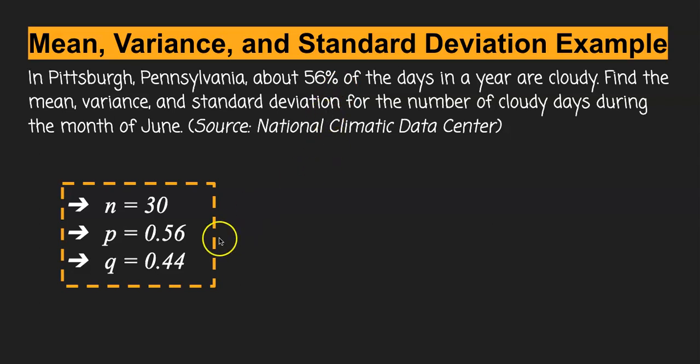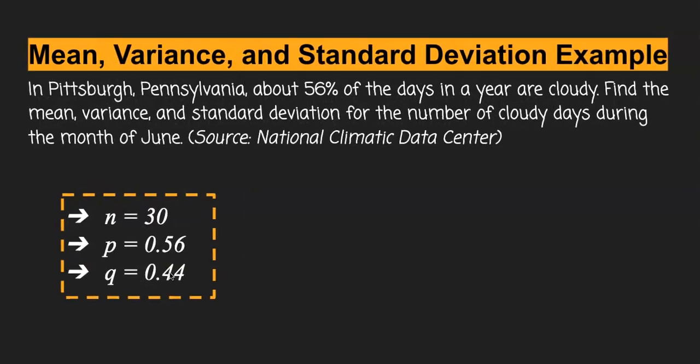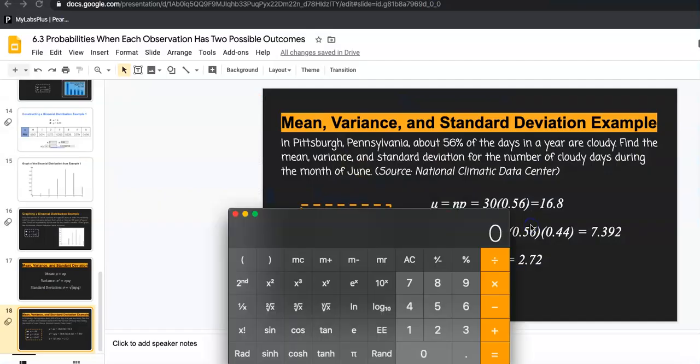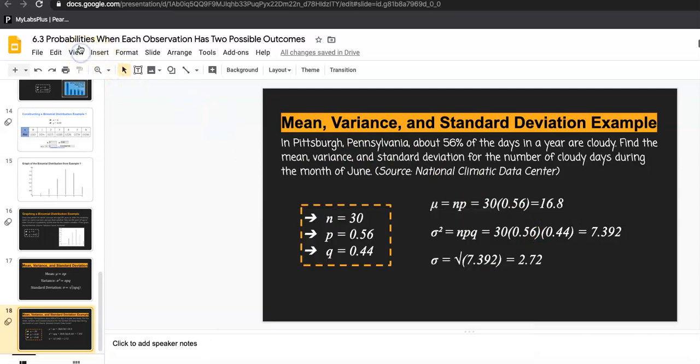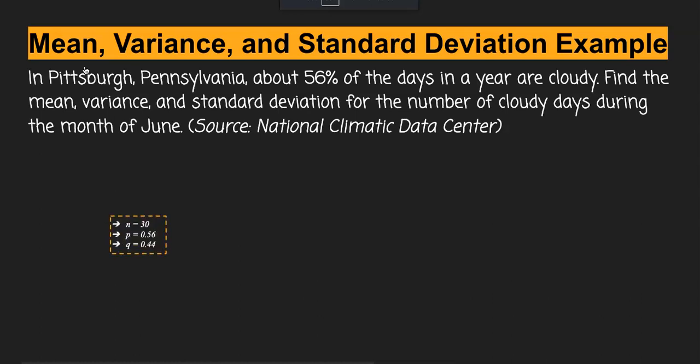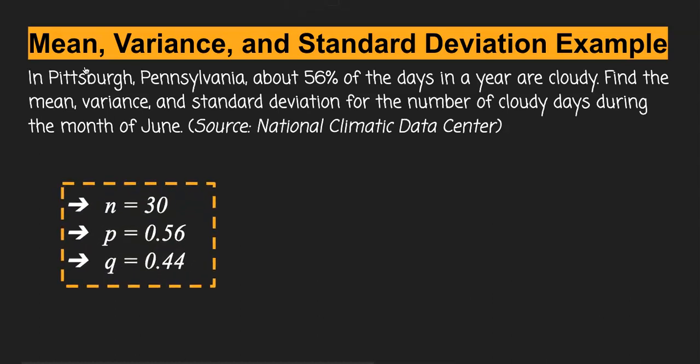And you see how you found Q: Q is simply 1 minus 0.56, and that comes out to be 0.44. That's how you find Q. So you first have to identify N, P, and Q in order to find mean and standard deviation.